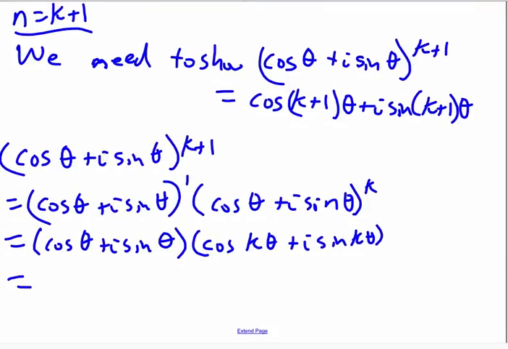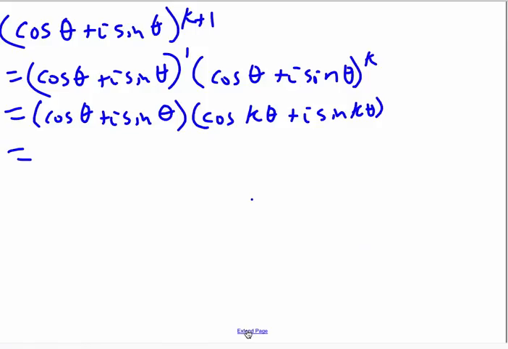Next we'll multiply these two brackets together, and we'll get cos θ cos kθ. Let's combine the real parts right now. When I do i sin θ times i sin kθ, I'm going to get a real number, negative 1, since i times i is negative 1.